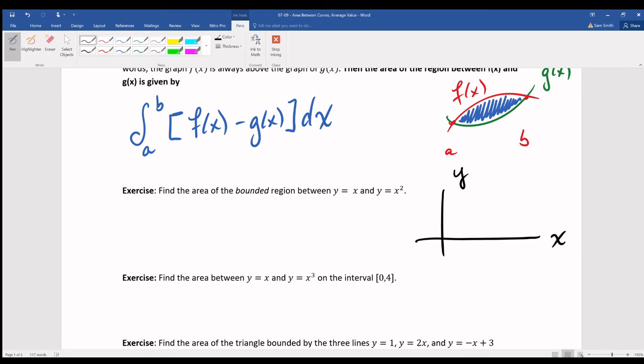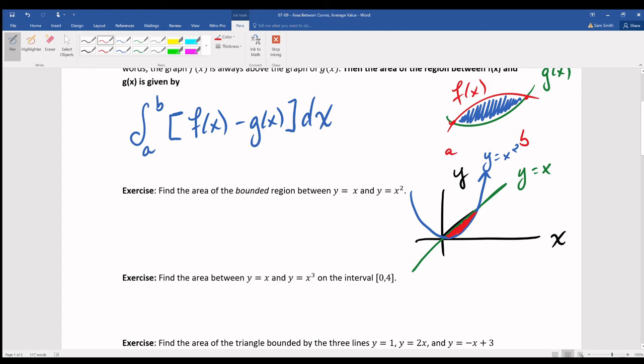We have y equals x, a straight linear function, the identity function, and then we have the quadratic function y equals x squared. And the area of the bounded region between these two, the region that's finite, will be this area shaded in red here.